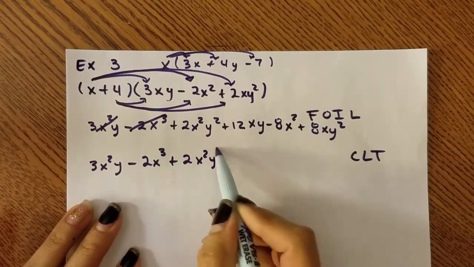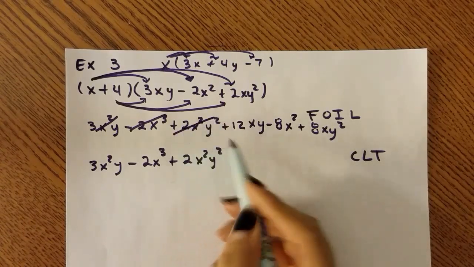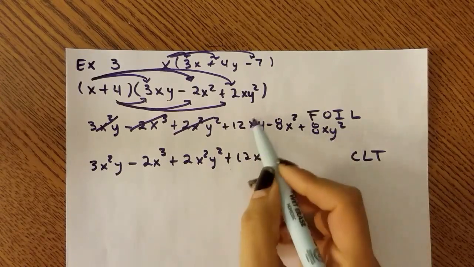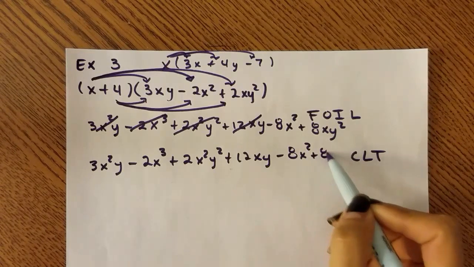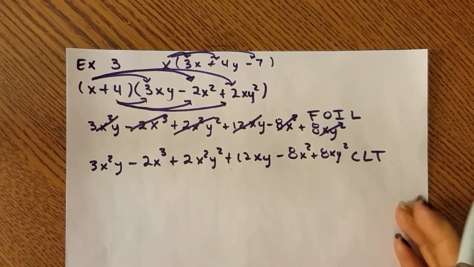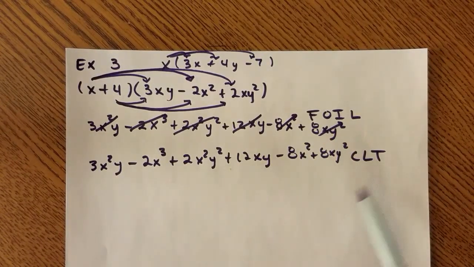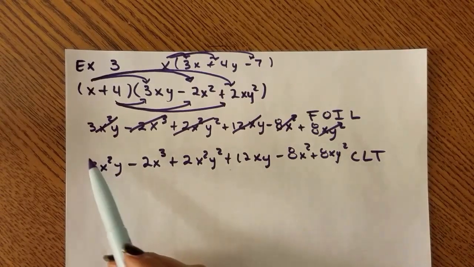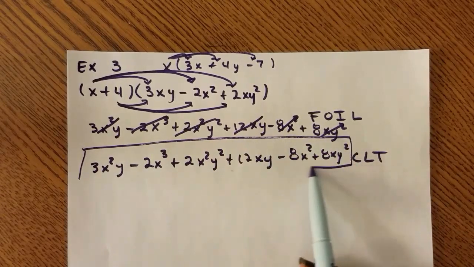X squared y squared, I have none. Plus 12xy, I have none, and then none for xy squared. So I have no like terms here, so that's it. If you want to go ahead and find the degrees and then put them in standard form, that's fine, but when you are foiling and we're just multiplying, I will accept this here.